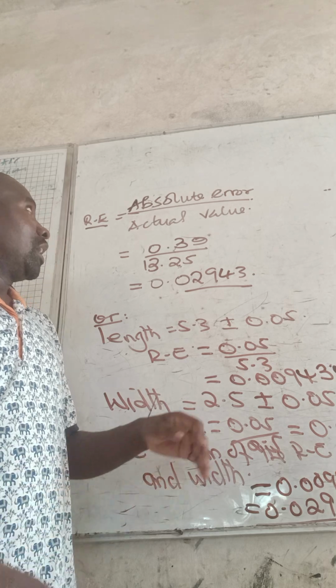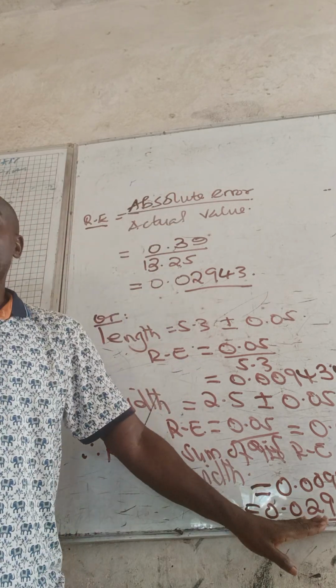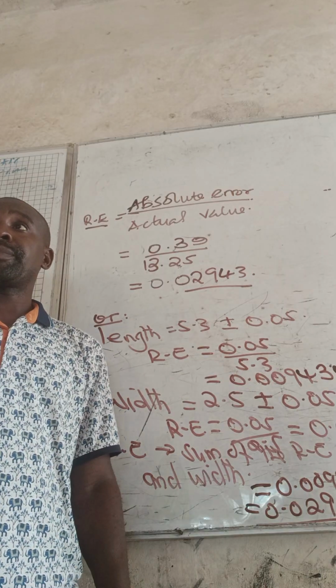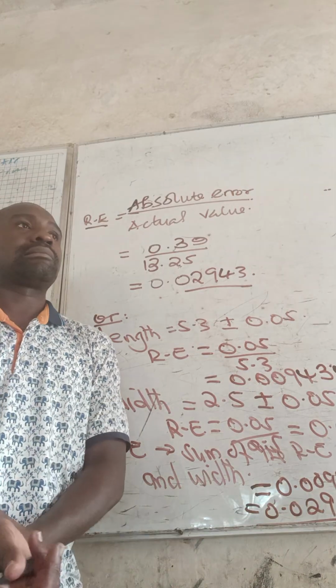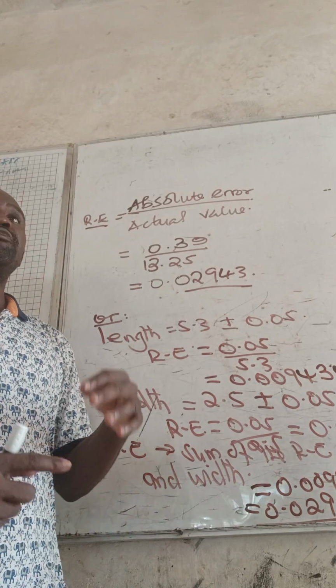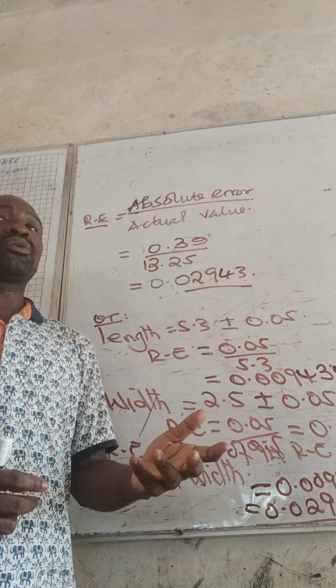Now, look at the first value and what we are getting here. Are we able to compare? What do you notice? They are the same. Therefore, what do we conclude?